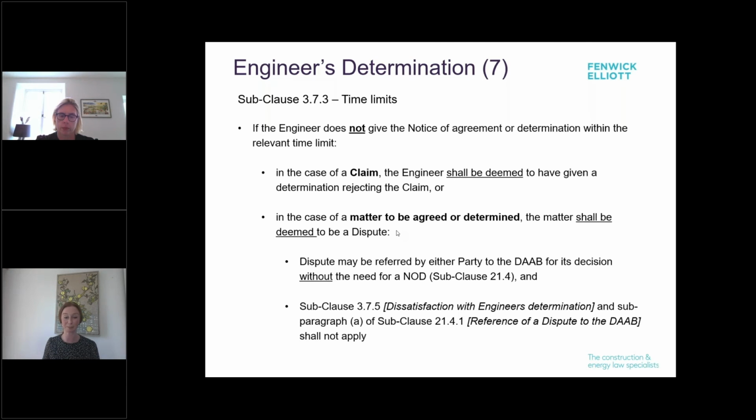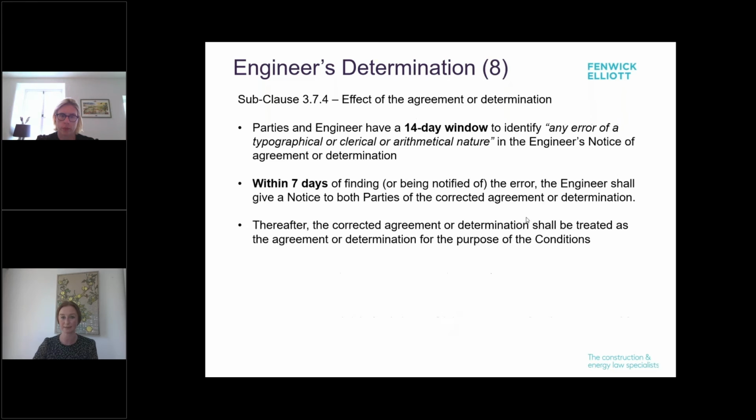Then it becomes a dispute and no notice of dissatisfaction is required to be submitted in order for this to be escalated to the Dispute Adjudication and Avoidance Board. And yes, subclauses 3.7.5 and subparagraph A of subclause 21.4.1 will not apply in these circumstances.